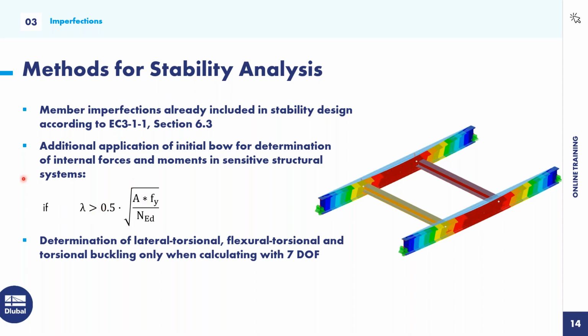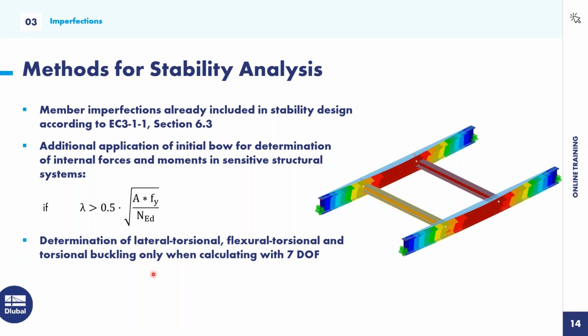And now it becomes very important: when I calculate my critical load factors with the add-on Structural Stability, then I get the results for my buckling length and also the critical load factors. But it's only for the flexural buckling. The stability failures like torsional buckling and lateral torsional buckling aren't considered.